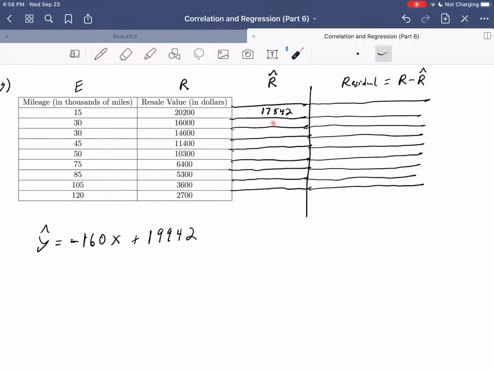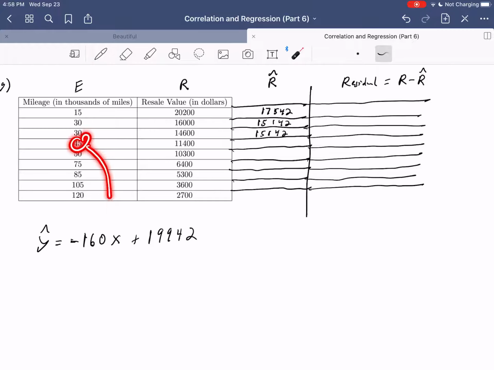For this, we'll now plug in the 30 into x. So negative 160 times 30 plus 19942 should give us 15,142. The next one will also be plugging in 30, so it's going to come out the same. So the predicted value is the same.